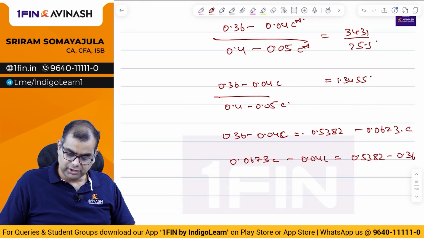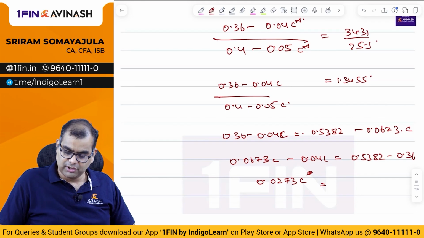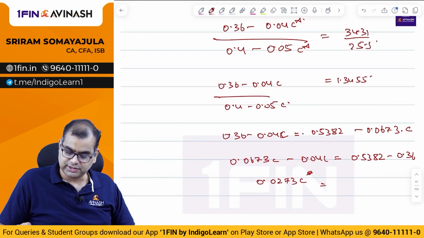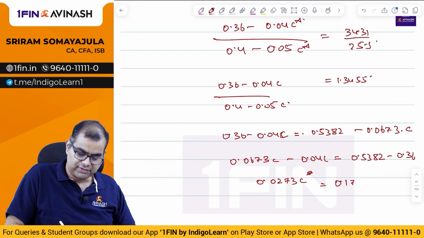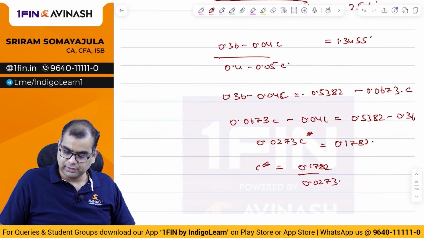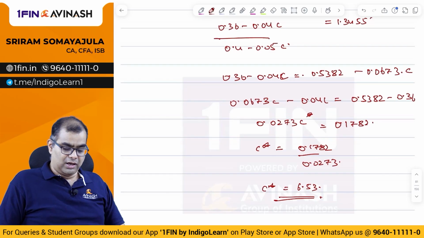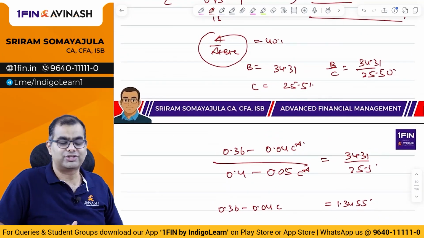So 0.0673 minus 0.04 gives me 0.0273 C, or C star, whatever it is, is equal to 0.5382 minus 0.36, which is 0.1782. So C star is equal to 0.1782 by 0.0273. You get C star equal to 6.527, so I will take 6.53. Okay, a very convoluted, twisted way of doing this.